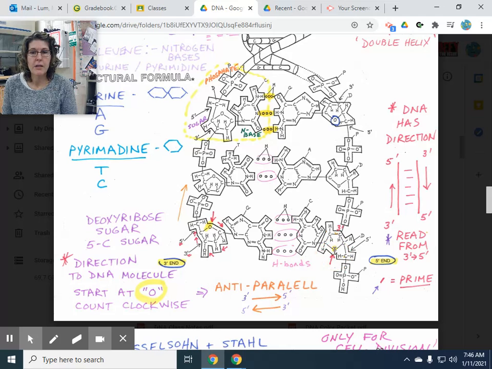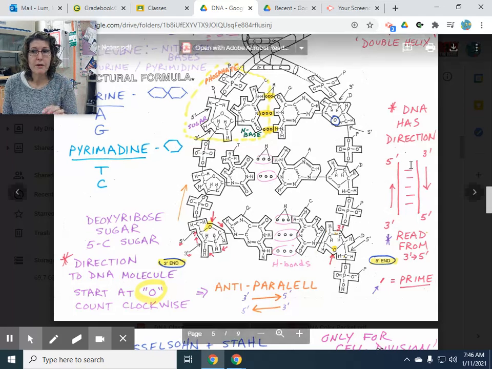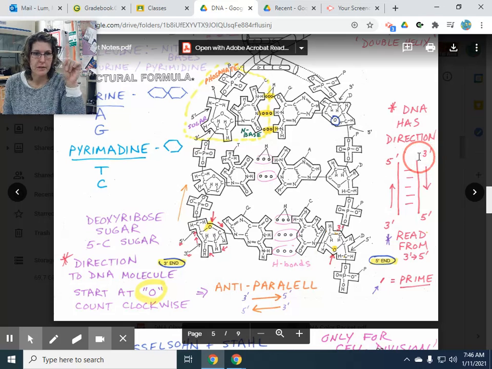So my first carbon, second carbon, third carbon. And that's all we're worried about, the third carbon and the fifth carbon. Here, my third carbon is facing the top of the strand, so I know the top of my strand is the 3' end. If I keep going, 4, 5. The bottom of my strand is my 5' end.